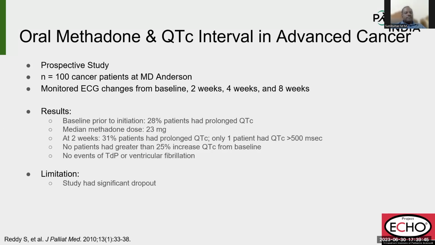What they found was no patients had greater than 25% increase in corrected QT interval from baseline, and there were no patients who had torsades de pointes or ventricular fibrillation. The median methadone dose was 23 milligrams. So this is one study which says that if you use methadone in a low dose, then probably the patient might be safe. It may not cause any torsades de pointes.